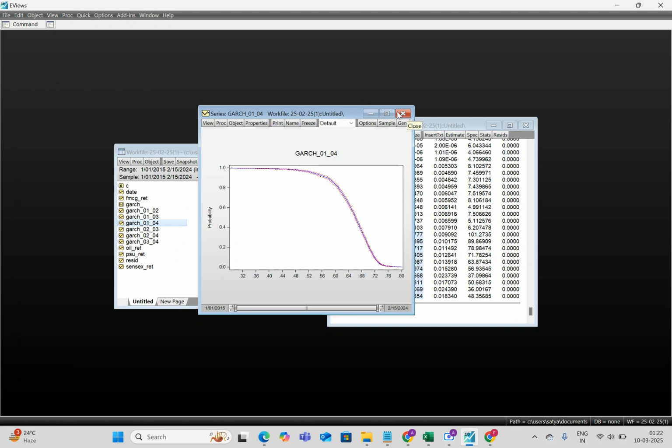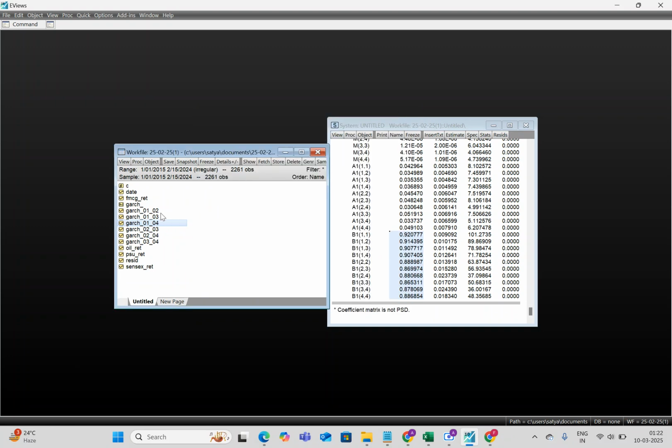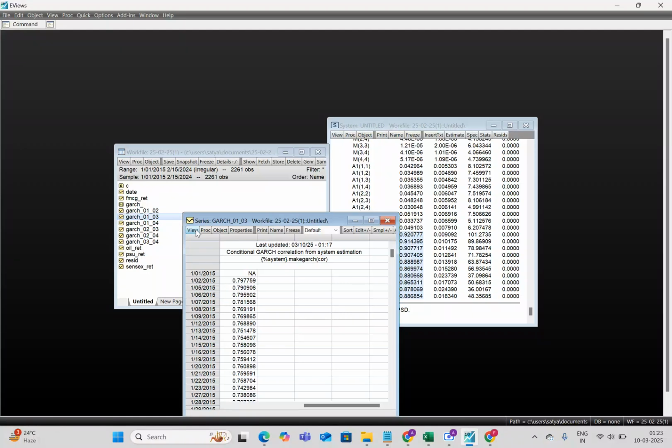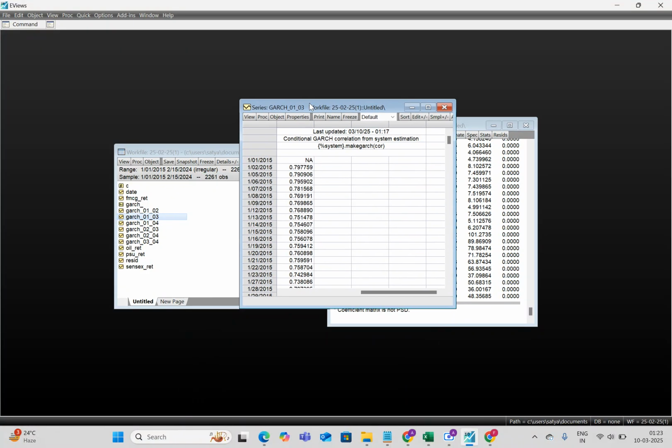Now let us look at the correlation between oil and the market. As we remember, in our case, I think oil was 3. So we will see GARCH 1 3. We will see the empirical survivor function here.